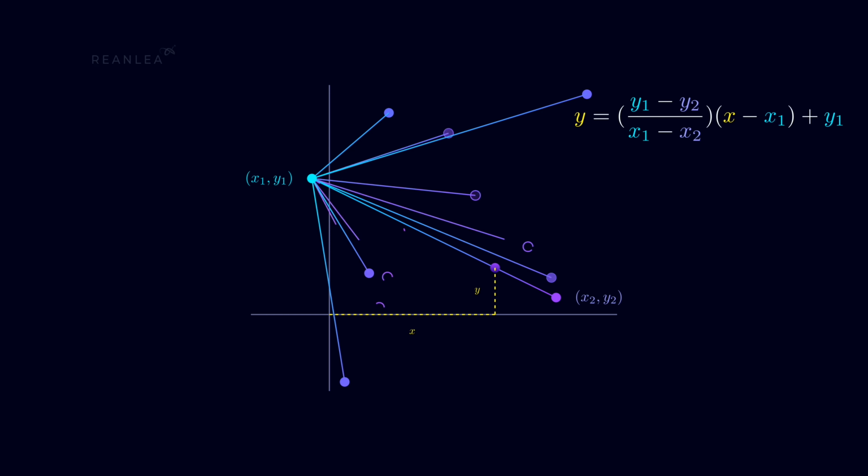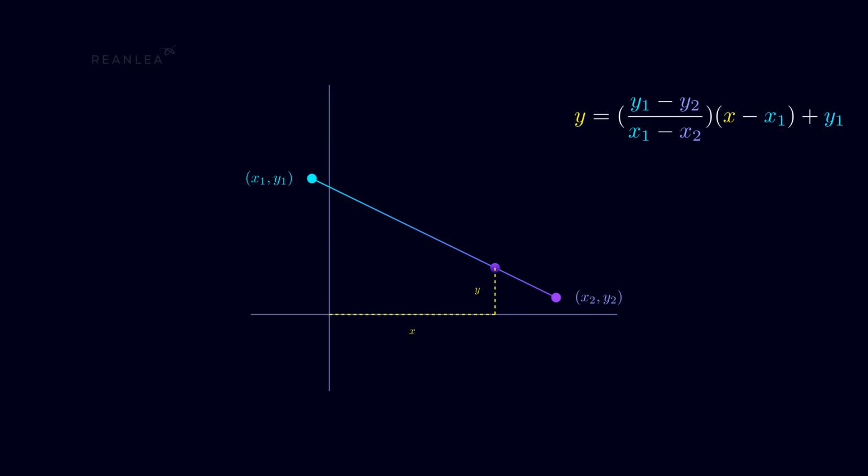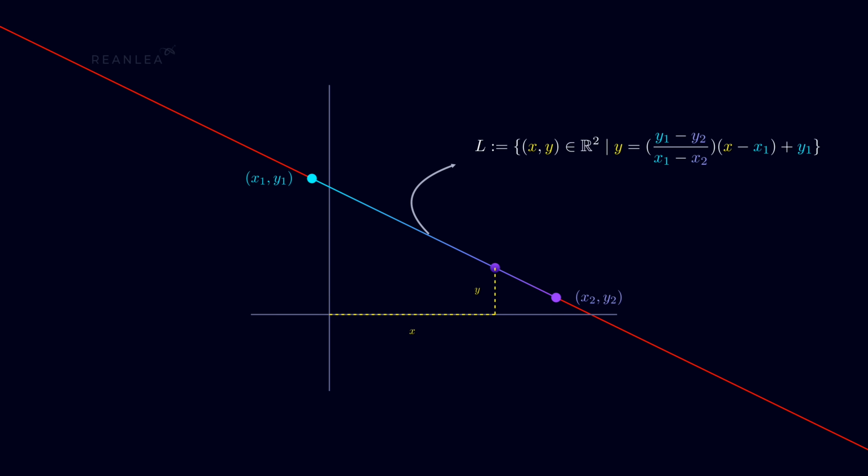In particular, we can express this line segment as a subset of the set L, the collection of all those (x, y) in R2 which satisfy y equal to (y1 minus y2) by (x1 minus x2) times (x minus x1) plus y1.